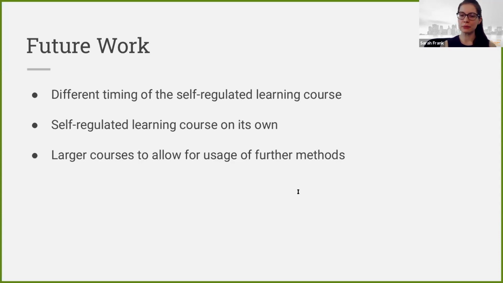So the first thing I would do for any future attempts to look into this data or data from this course would be to change the setting or change single points of the setting and see how this changes the outcome.